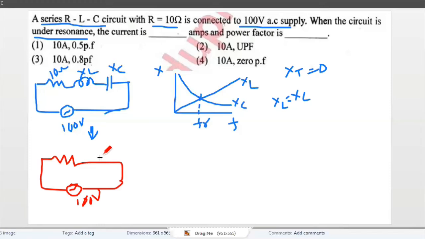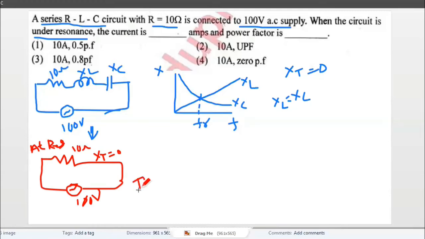So here the net reactance at this point is 0. So this is at resonance condition, and it acts as a purely resistive circuit.